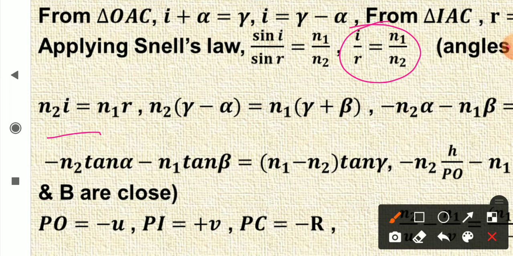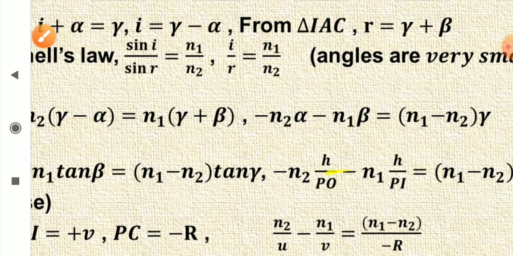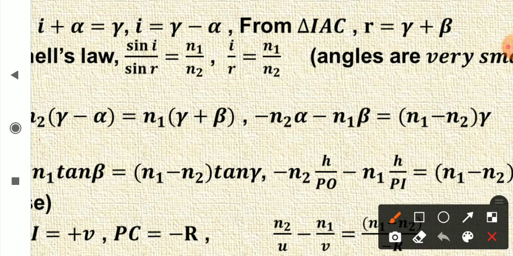And putting the values of i and r from this equation, you can see that i from here is gamma minus alpha. So in place of i put gamma minus alpha, and r from that equation is gamma plus beta. So now open the brackets and collect the terms of gamma and alpha. From the left side you will get minus n2 alpha, and on the right side you get plus n1 beta.